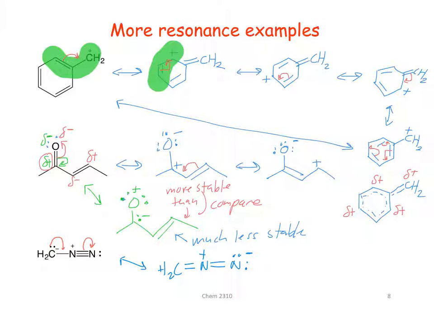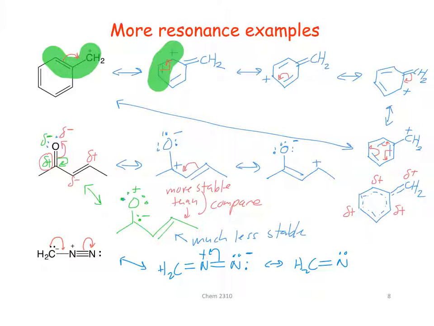Okay, so do we have any other possibilities here? All right, so we have some other possible resonance. We could move, let's just move this pair onto this nitrogen. That would give us nitrogen.